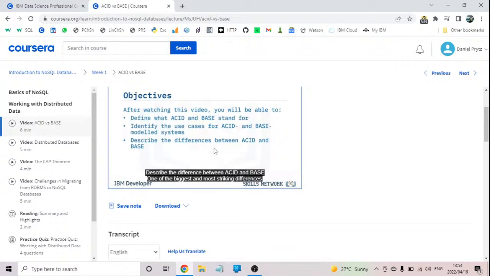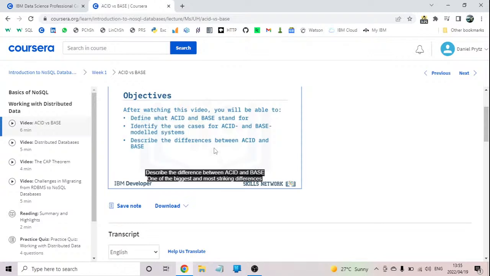Learning objectives. After watching this video, you will be able to define what ACID and BASE stand for. Question 1: define what ACID and BASE stand for.